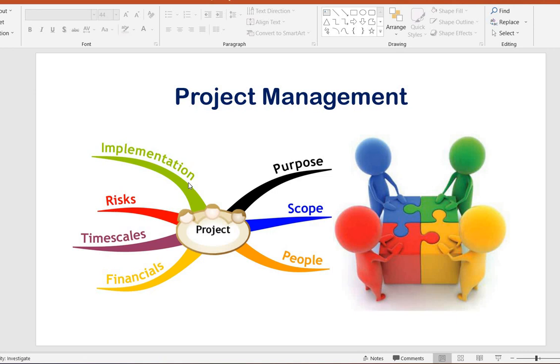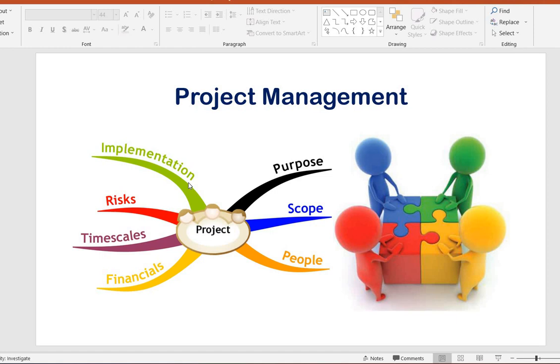It may be from trading, hotel management, a simple shop, building construction, a particular manufacturing industry, and of course the IT sector. So project is a very broad term used here. It is not a limited one.